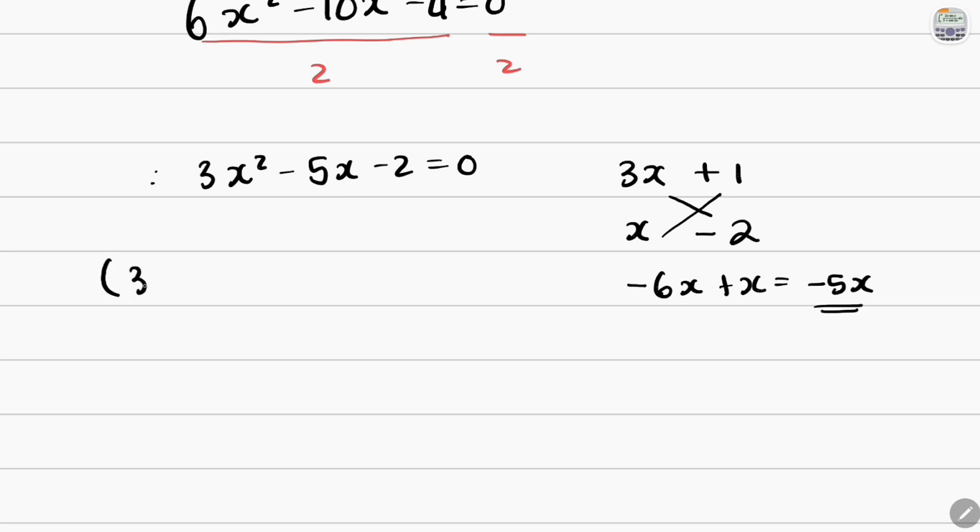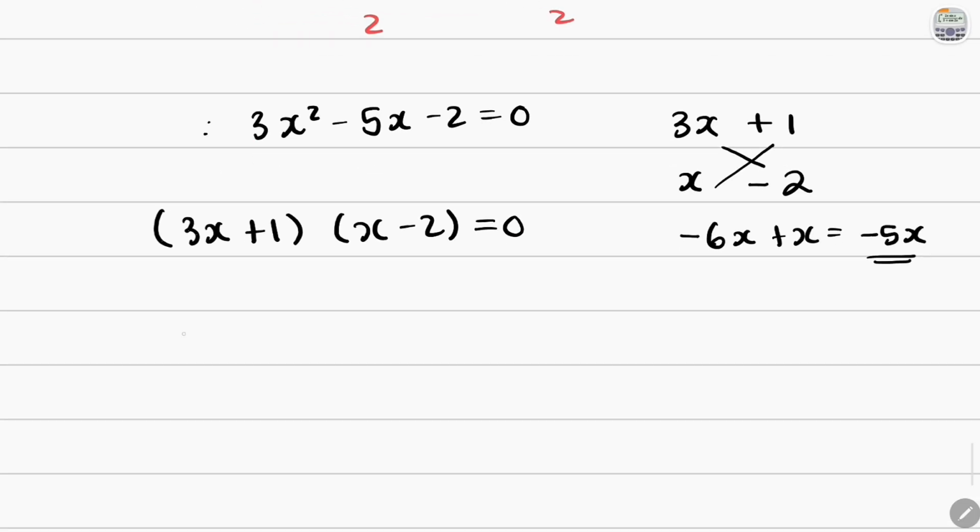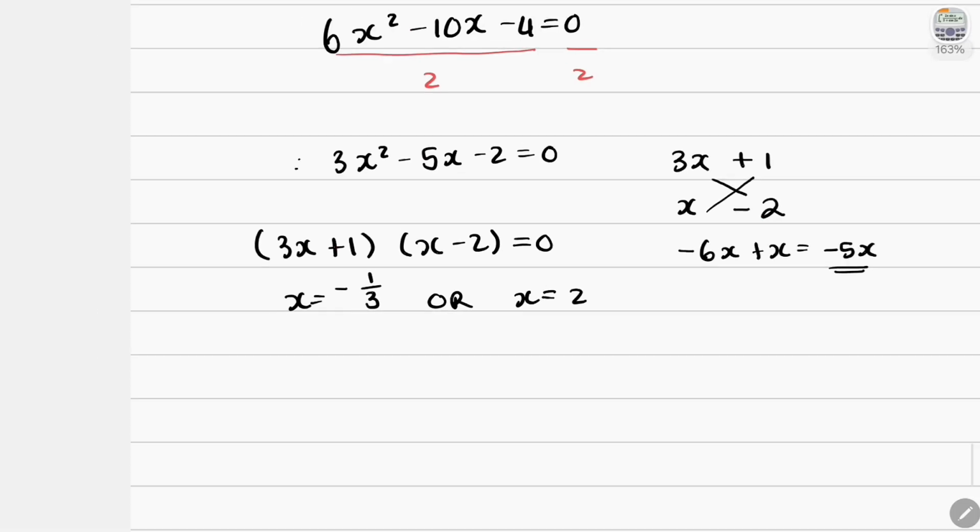So our factors are 3x plus 1 and x minus 2 equals 0. And solve for x. So here, x would be equal to, so equate it to 0, transpose the 1, it's negative, and divide by 3. So this is negative 1 over 3. Or x is equal to positive 2.